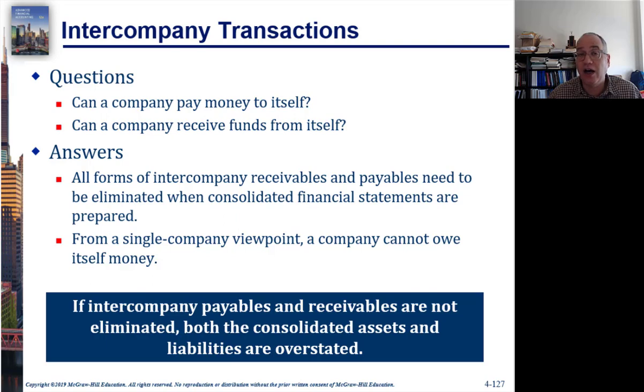So if your sub owes money to the parent, that may be a liability on the books of the sub, and it may be a receivable on the books of the parent. But in the consolidated financial statements, it should not show up. Therefore, when you consolidate, these are going to need to be eliminated by debiting the payable and crediting the receivable.